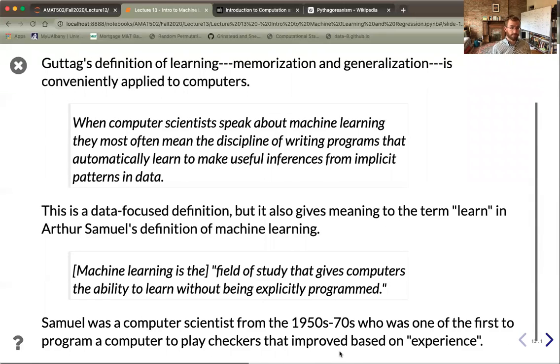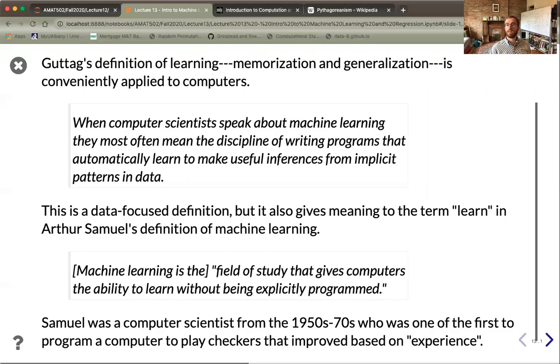Arthur Samuel was a computer scientist in the 50s and 70s. He was one of the first to program a computer to play checkers. And this program would improve based on experience. So again, our notion of memorization or also perception, all these go into what constitutes experience.